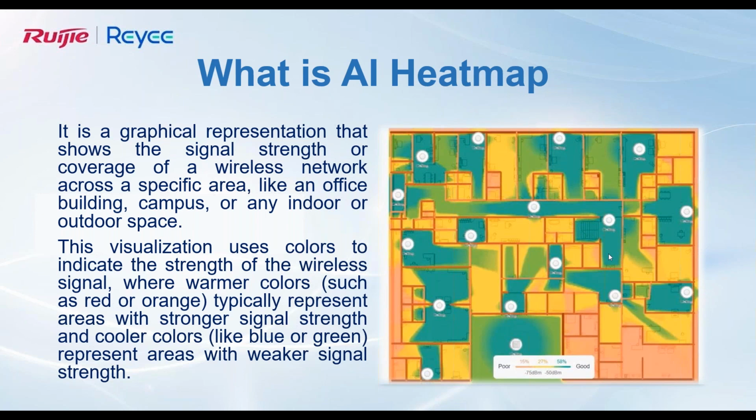This visualization uses colors to indicate the strength of the wireless signal, where warmer colors, such as red or orange, typically represent areas with a stronger signal strength, and cooler colors like blue or green represent areas with weaker signal strength.